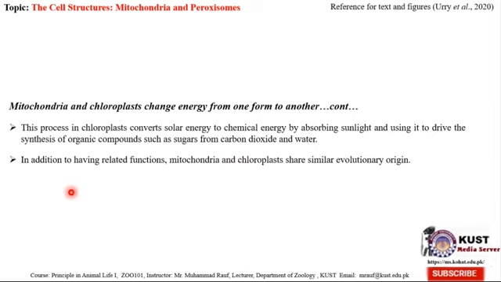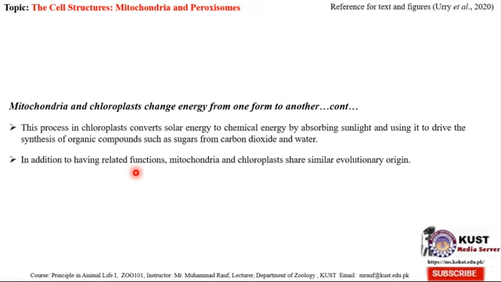Both have related functions. They convert one form of energy into another form of energy, and they sort of generate energy. However, energy cannot be generated, it can only be converted from one form to another form.